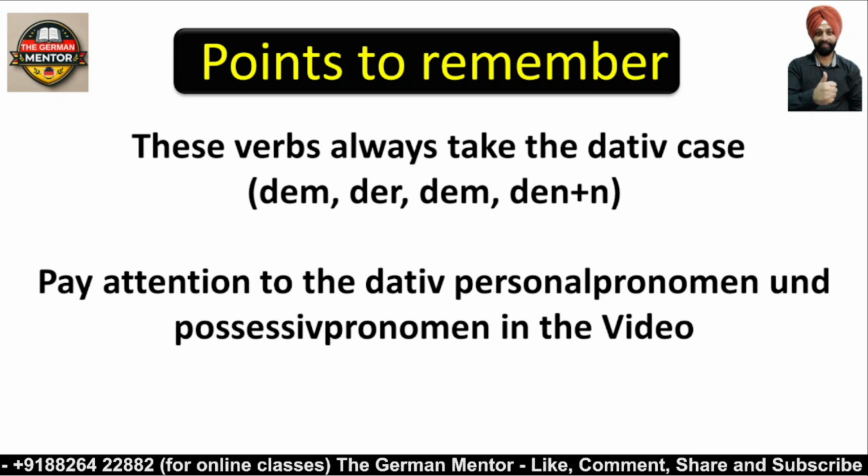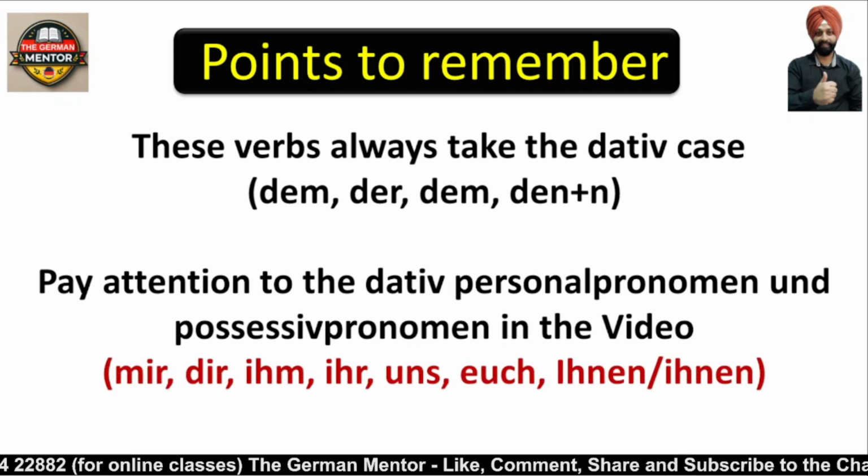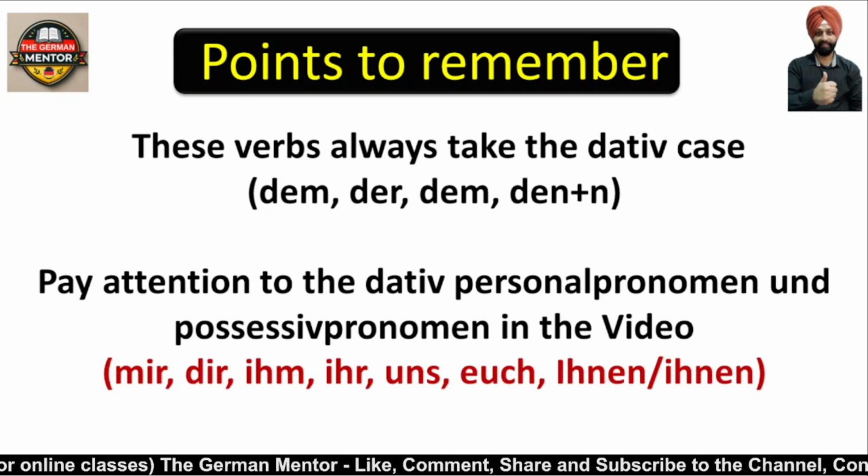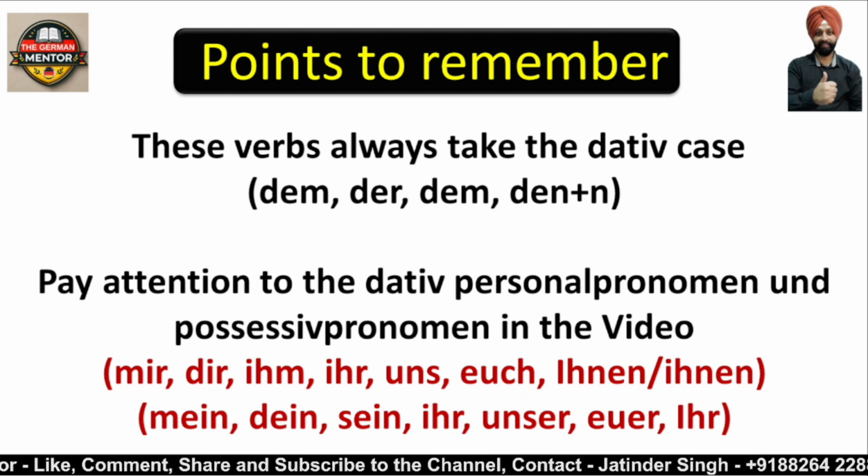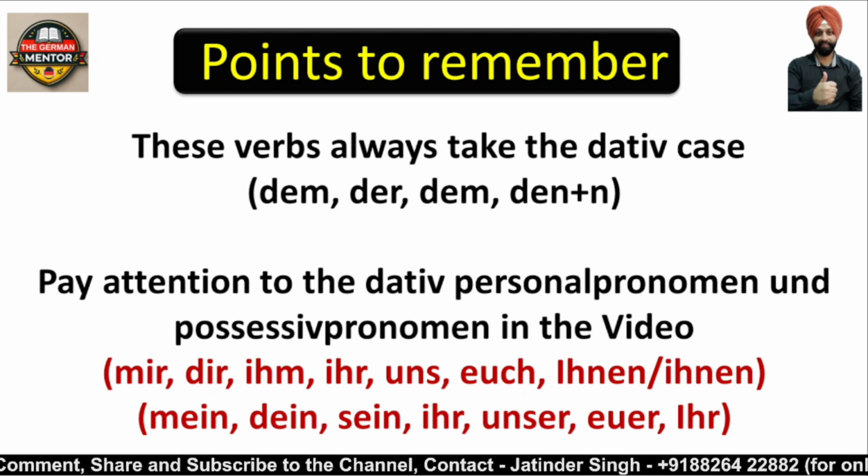So first I'll tell you what the personal pronouns in dative are: mir, dir, ihm, ihr, uns, euch, ihnen and Ihnen. These are the personal pronouns we use in the dative case. And these are the possessive pronouns. Zum Beispiel, mein, dein, sein, ihr, unser, euer and ihr.